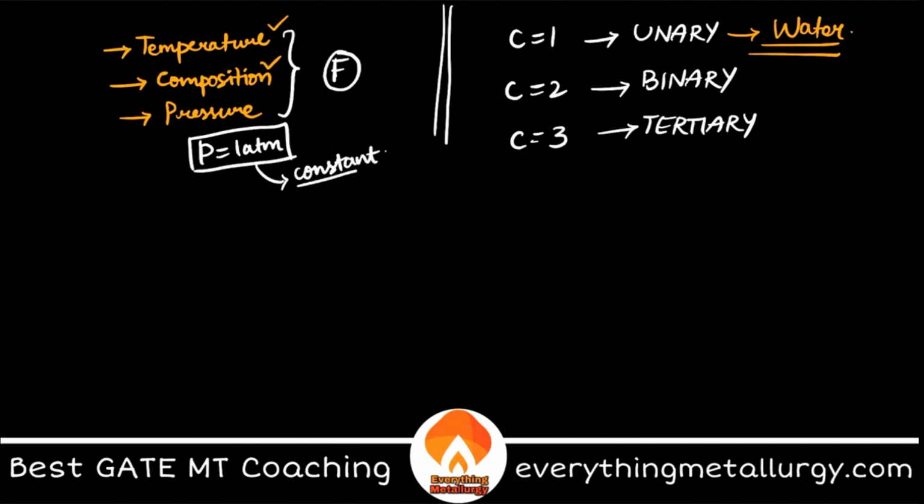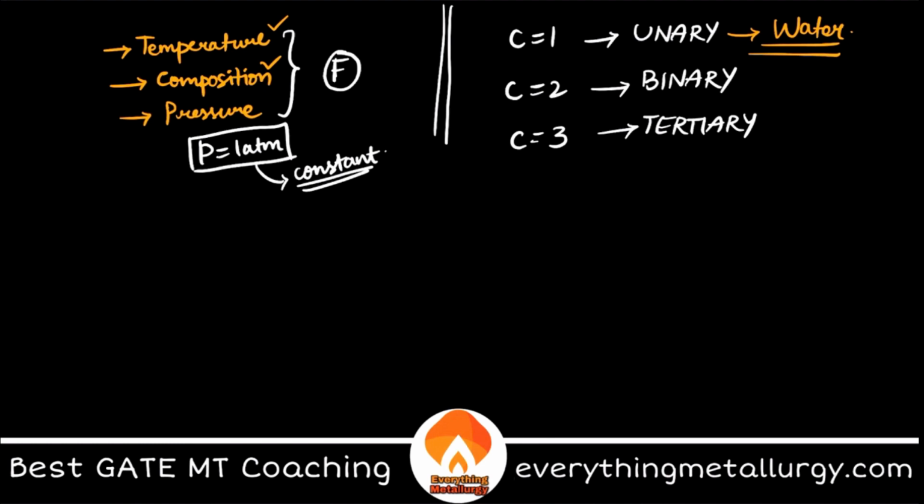And what is the definition of degrees of freedom I gave you? Independent variable. That means if you change the temperature from 20 degrees to 100 degrees, water is boiling. From liquid phase, it is converting to gaseous phase. This is just a simple example. But if the pressure is constant, you cannot change the pressure.